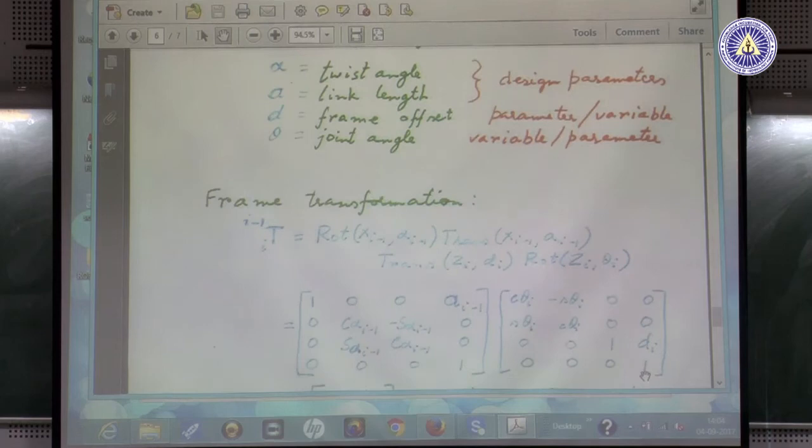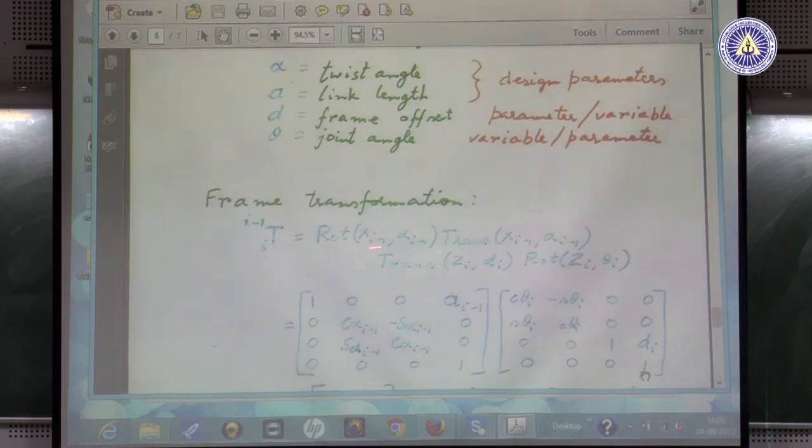Rotation and translation, 2 rotation matrices, product is typically not commutative. One rotation, one translation also typically in general not commutative, but if the rotation is about a particular axis and translation is also along that same axis, then that can be interchanged. So, these 2 could be interchanged in order, these two could be also interchanged in order, but nothing else.